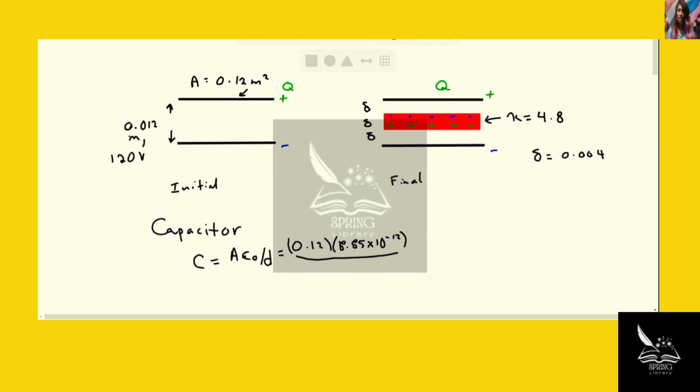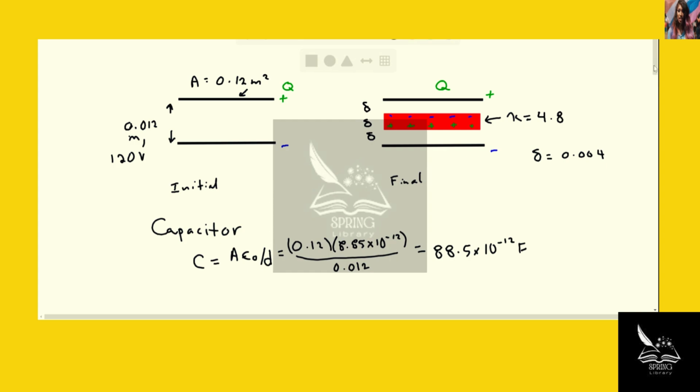The spacing is 12 millimeters or 1.2 centimeters, but we want that in meters. And that works out to be in the picofarad range. I will write the picofarad out as 88.5 times 10 to the minus 12.